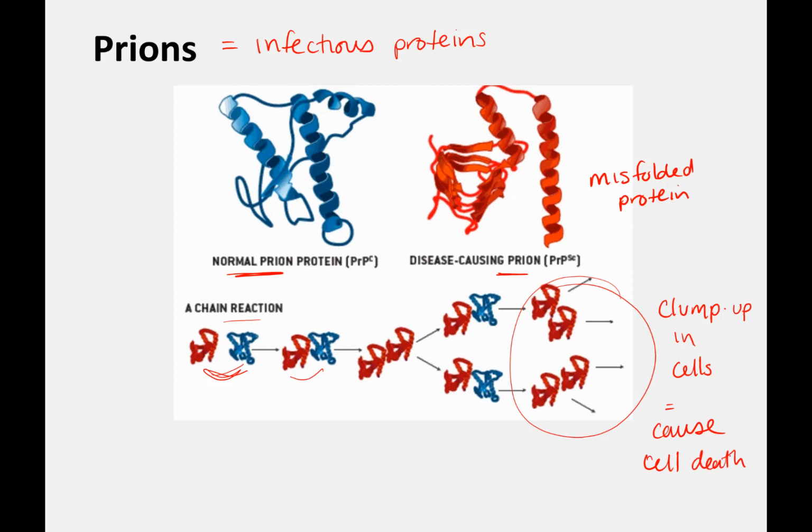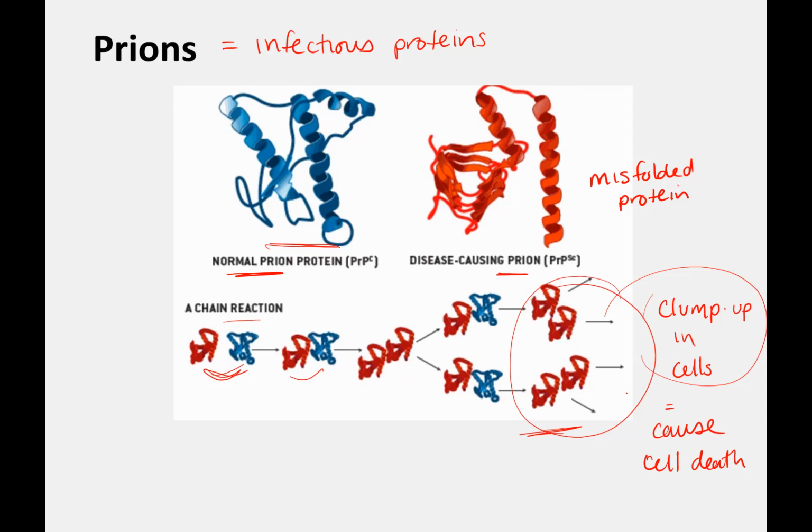You have normal prion proteins in your brain, but if they misfold, or if you, say, eat a diseased cow and that misfolded protein gets up into your brain, it will trigger all your normal proteins to misfold, cause clumps in your brain, cause cell death, and these are related to neurodegenerative diseases because a lot of times they'll trigger death of neurons in the brain.